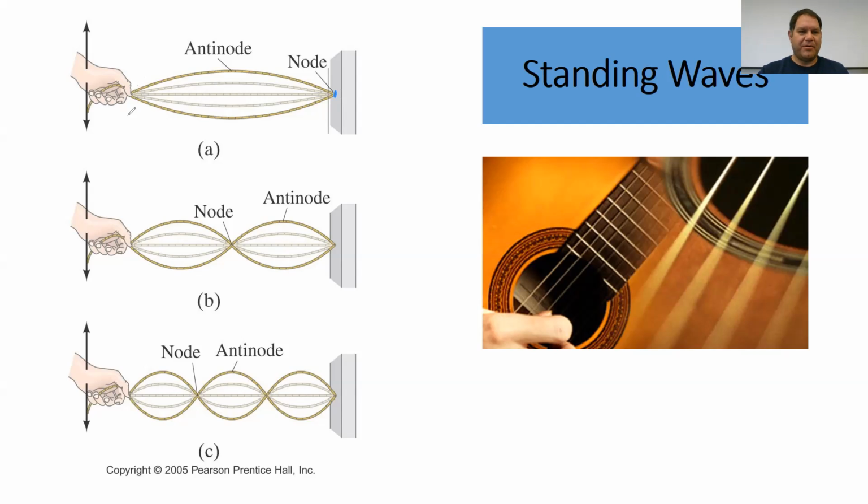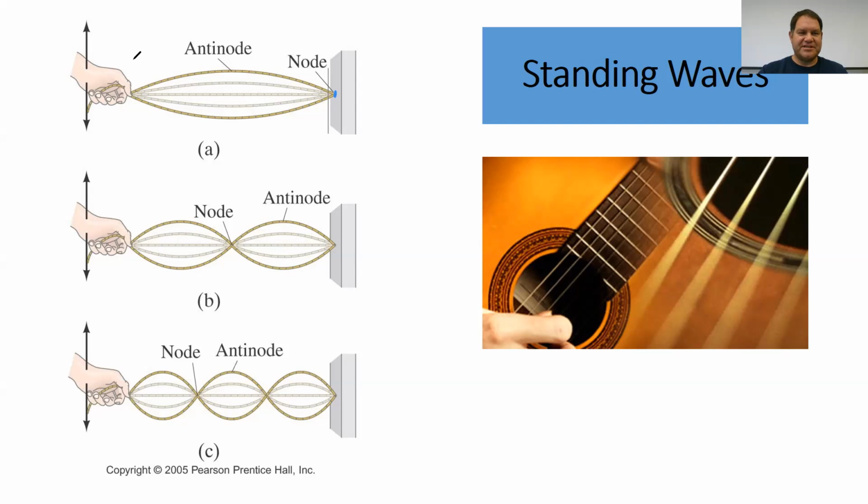It could be a particle. It could be anything that is basically creating oscillations or vibrations. So our hand here is going to hold this rope, and it's going to start moving up and down, creating oscillations. When that occurs, the rope begins to create waves.